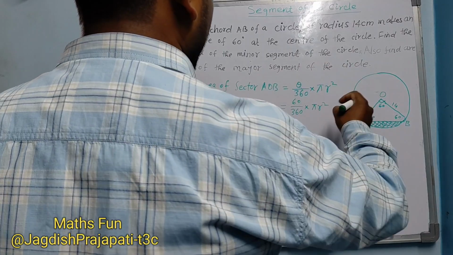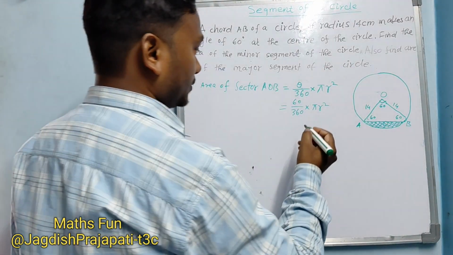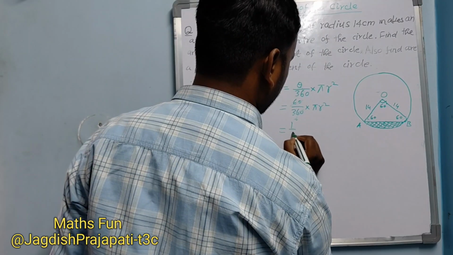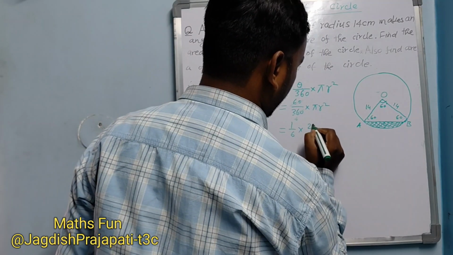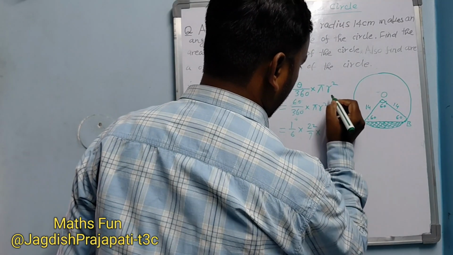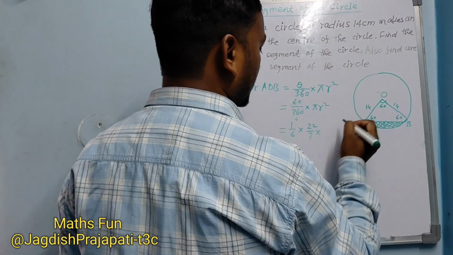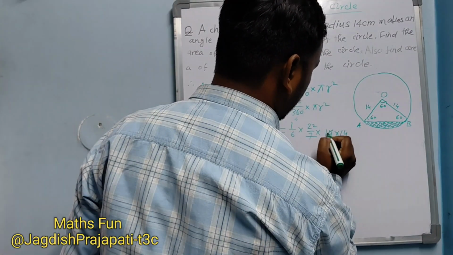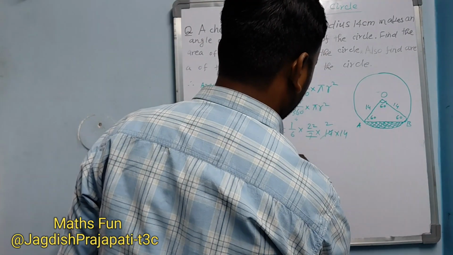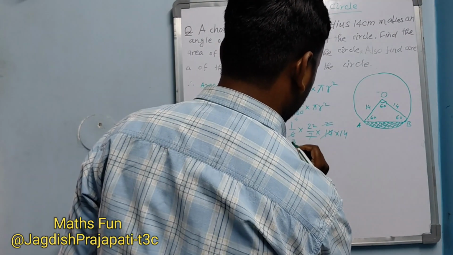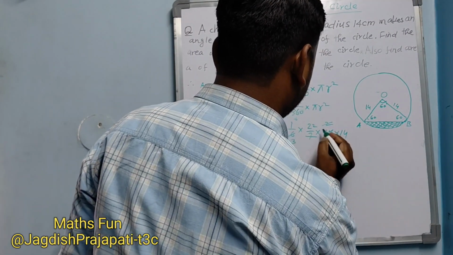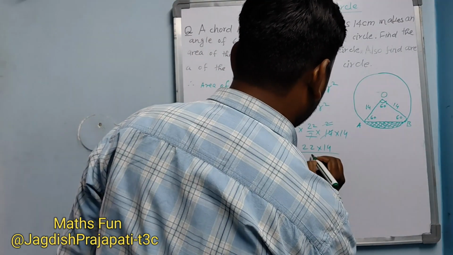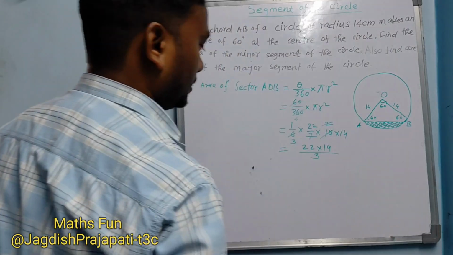Here it is not mentioned what we have to use for pi. So 6 sixes are 36. This is 1 by 6 into pi, we can use 22 by 7, into r square, r is 14 centimeter. So r square will be 14 into 14. 7 twos are 14. Okay, 2 threes are 6. So now we have 22 into 14 by 3.